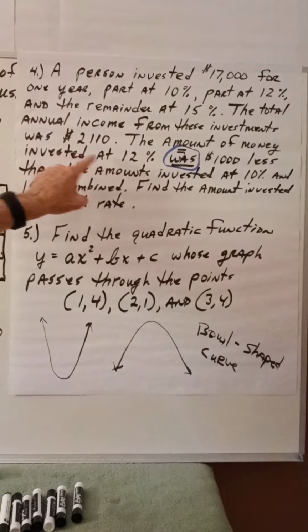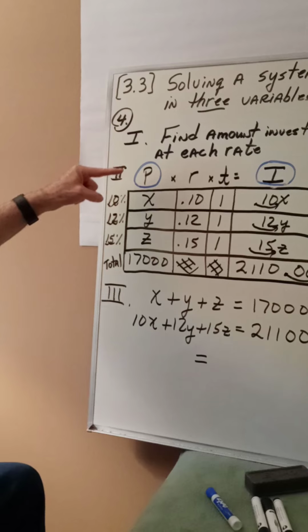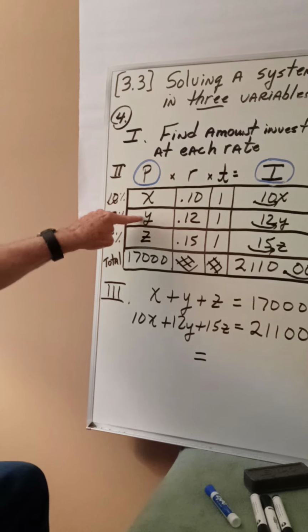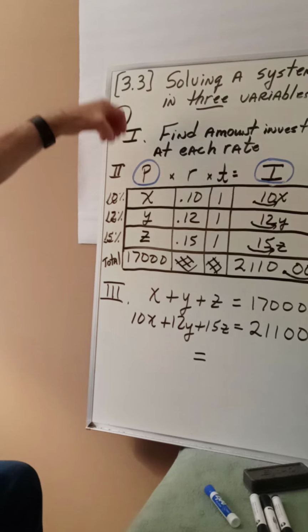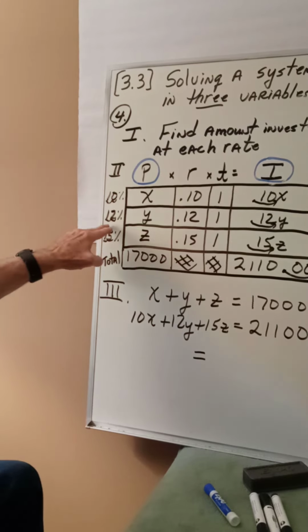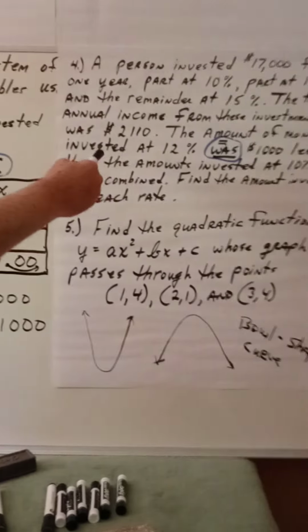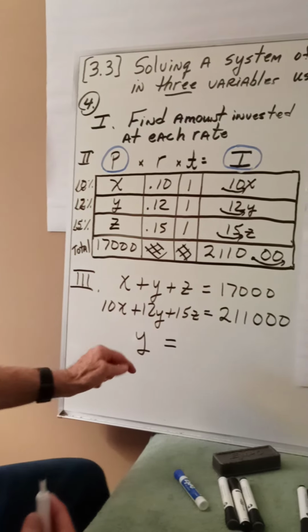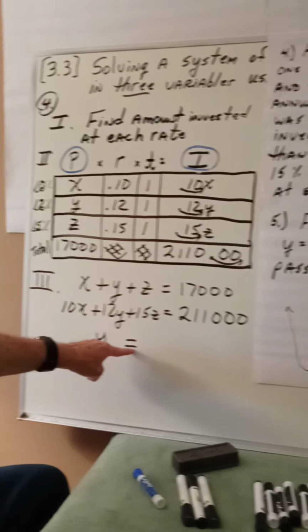The amount of money invested at 12%. The amount of money that's invested at 12% is y. P is the principal, the amount of each investment. The amount of money invested at 12%, that's y. That's going to go to the left. The amount of money invested at 12%, y, was equals.